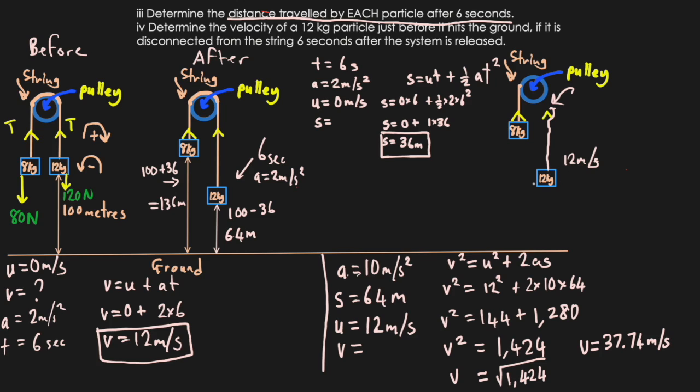What that means for this question is that the moment the string burst, it was moving at 12 meters per second, and it had to fall the remaining 64 meters. By the time it reached the floor, it was going at 37.74 meters per second, all the while under the influence of gravity with an acceleration of 10 meters per second squared.